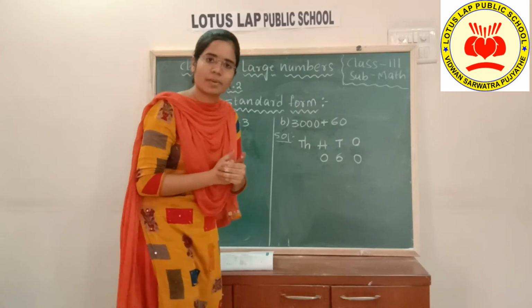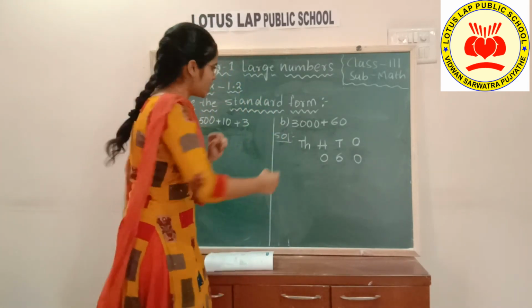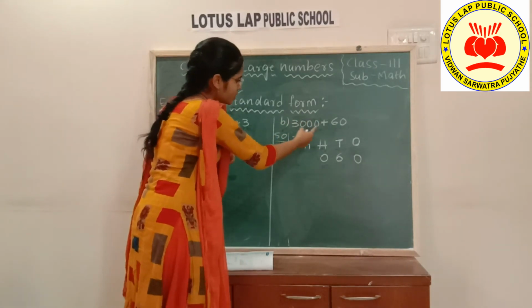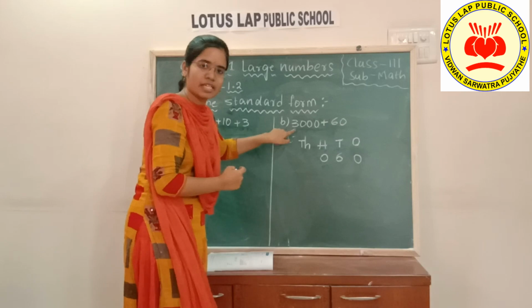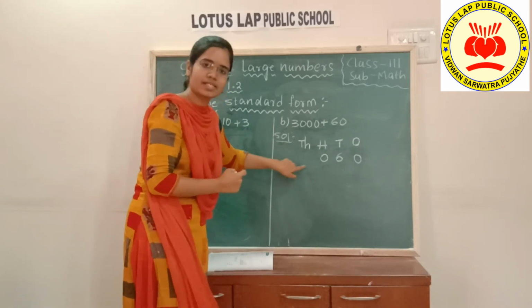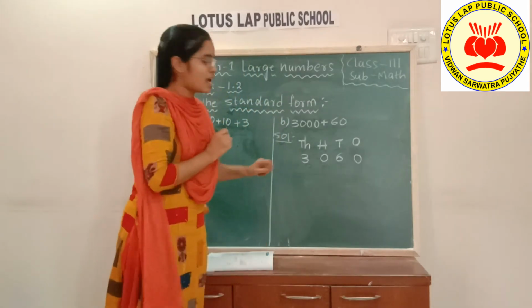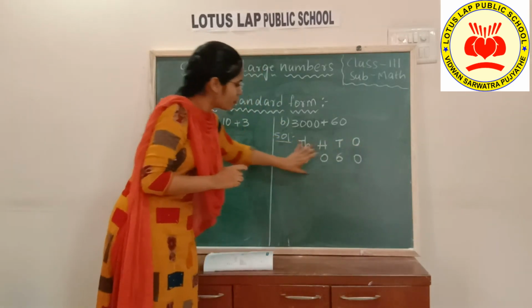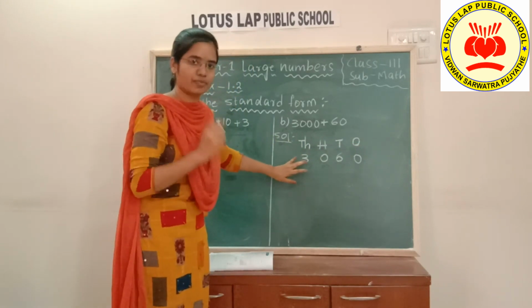For thousands, how many zeros do we have, children? Yes, 3 zeros. Is there any number with 3 zeros? Yes, 1, 2, 3. The place value is 3000 and the number is 3. Yes, 3 is in the thousands place. Now we have got all 4 digits, and that means we have a number with 4 digits.